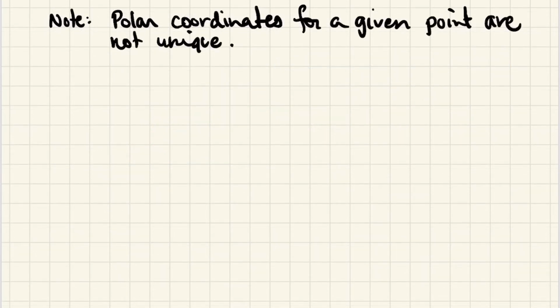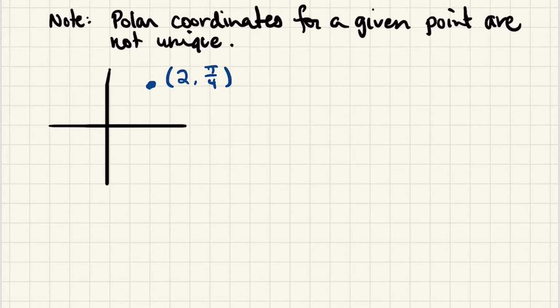Well, what do we mean by this? Well, let's take a look at a random point. So let's look at this point right here. And in the polar coordinate form, let's say it's 2 units out and 45 degrees or pi over 4 radians. Okay, so that would be this guy right there. And again, this is the angle here, theta, which is pi over 4 radians.